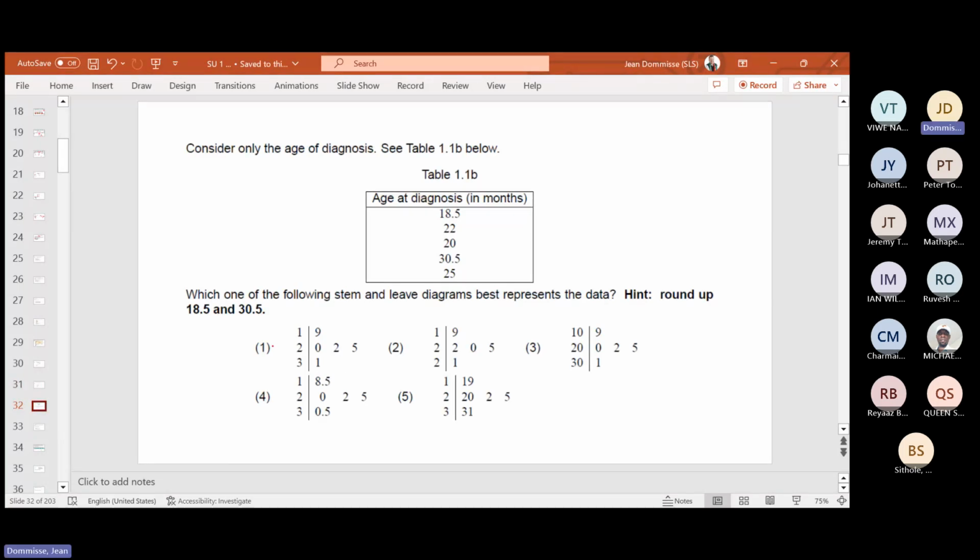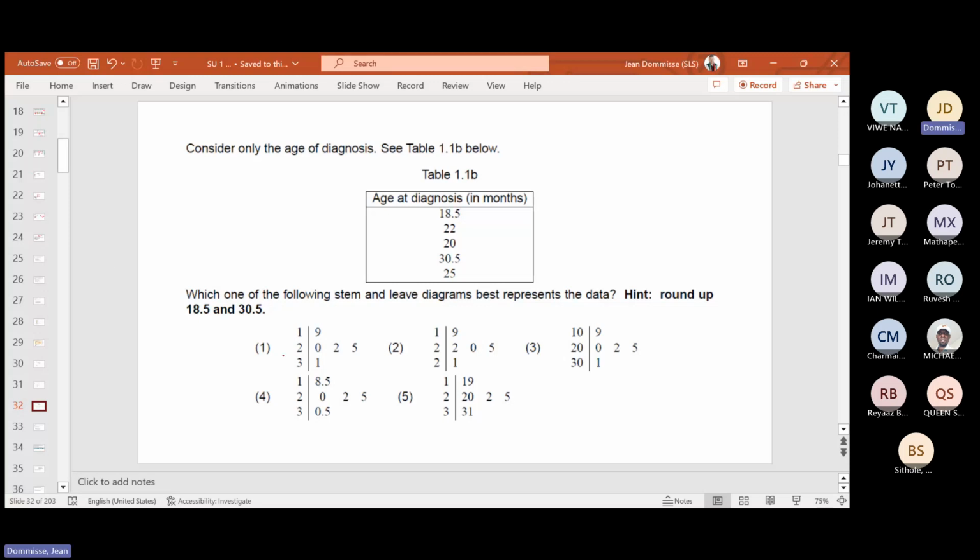Okay, what they also tend to give you is data, and then they will represent it in a stem and leaf.